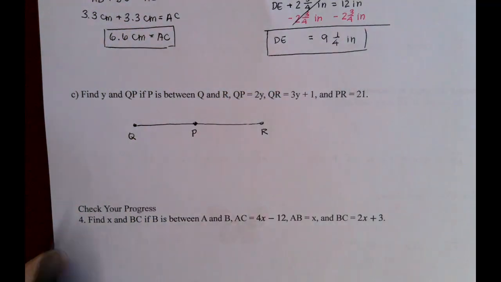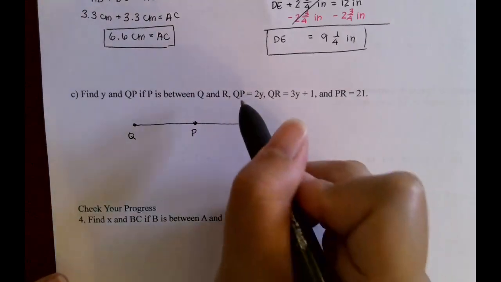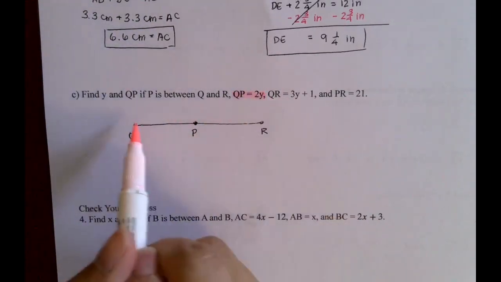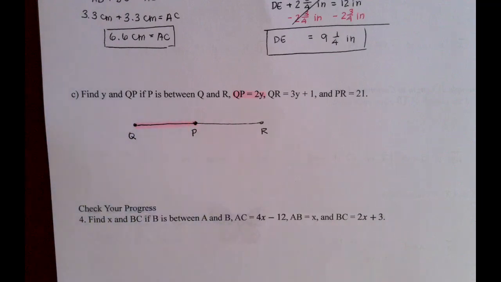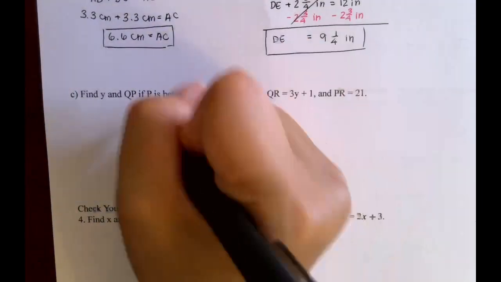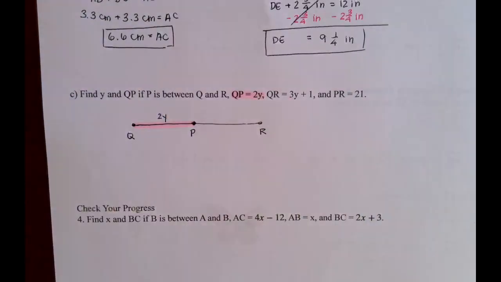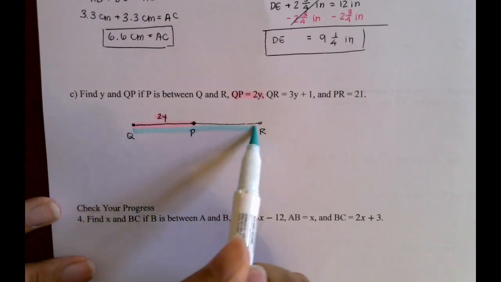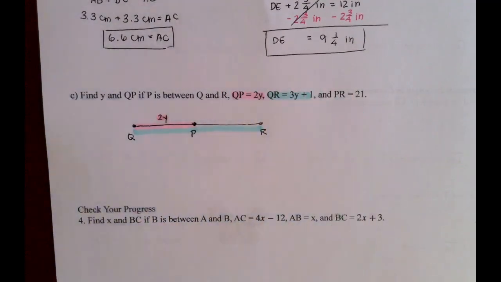Okay. Then I'm going to label my parts. So QP is 2Y. So QP here is 2Y. QR I know is 3Y plus 1.